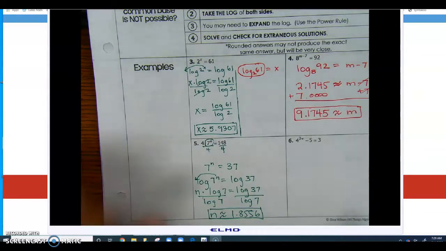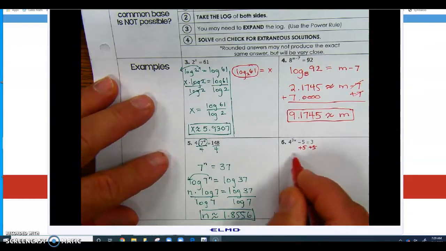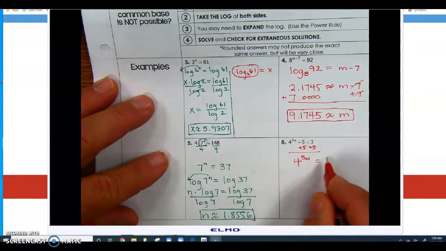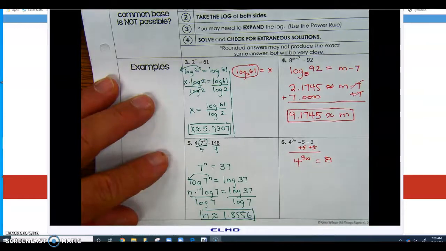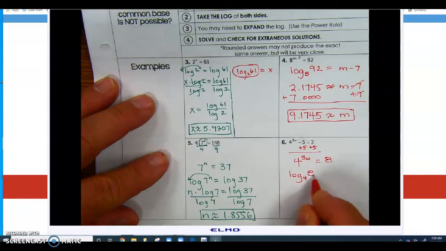So this last one I'll do in red again. Got to isolate the expression, so I need to add 5 to both sides first. 4 to the 3w equals 8. Now, I'm not going to take the log of both sides. I'm just going to convert it. Log base 4 of 8 equals 3w.